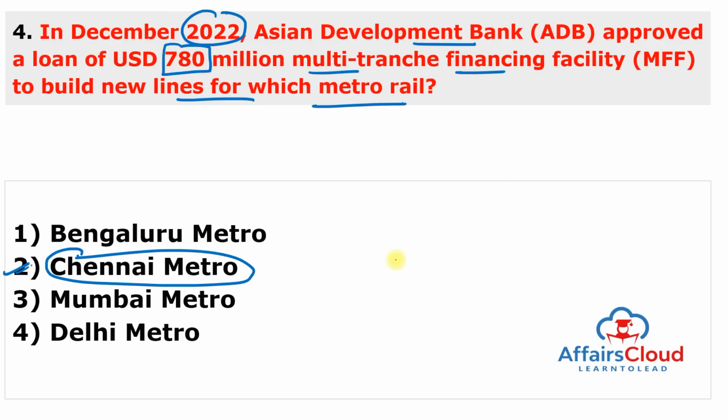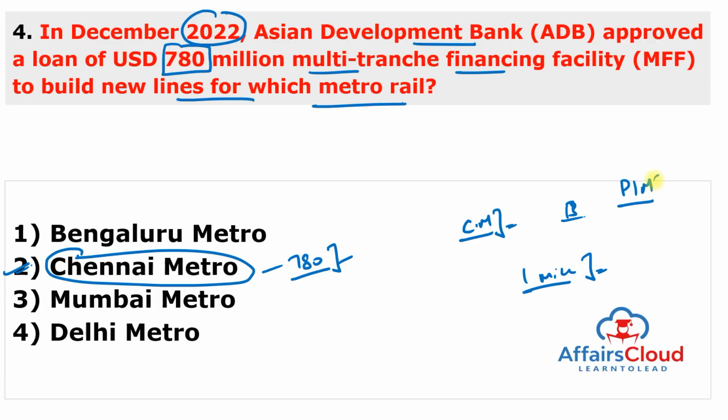So the Asian Development Bank approved the $780 million multi-tranche financing facility to build new lines for the Chennai Metro Rail and improve its network connectivity with the bus and feeder services. And Asian Development Bank will provide an additional $1 million technical assistance grant to help the Chennai Metro Rail with the planning and management of the metro system's multimodal integration.